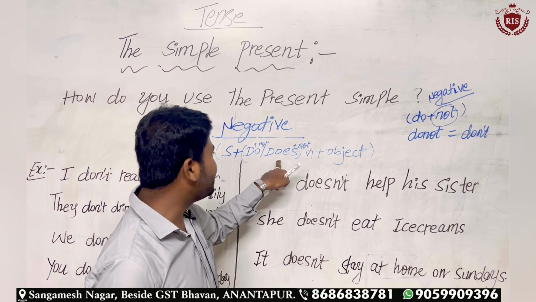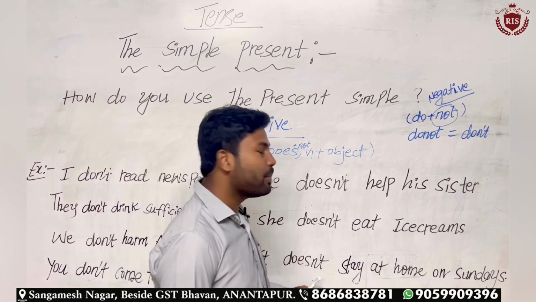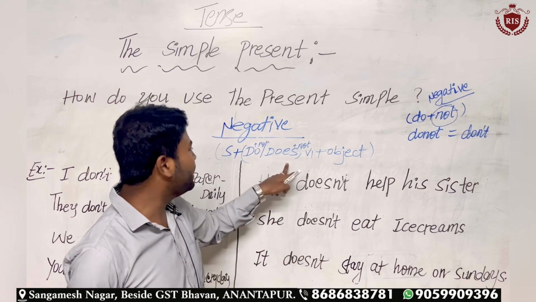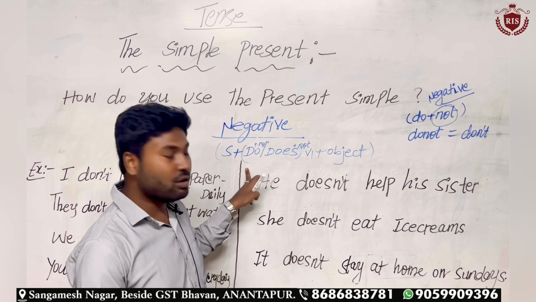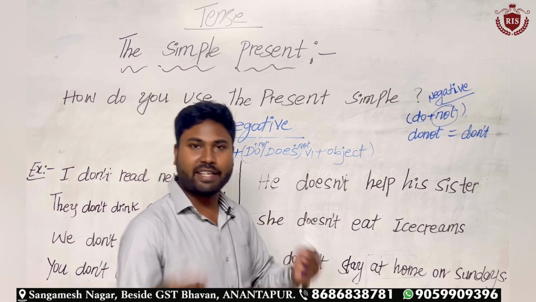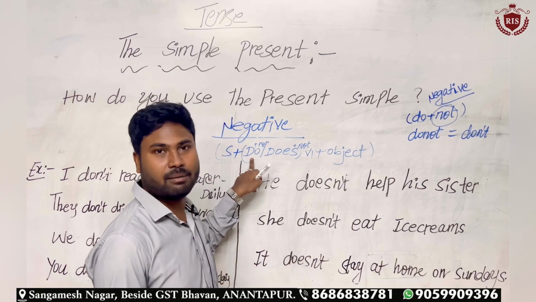So if you follow this structure you can frame a number of sentences on your own. What you have to remember here is what pronoun you have taken, and what auxiliary you have to take.